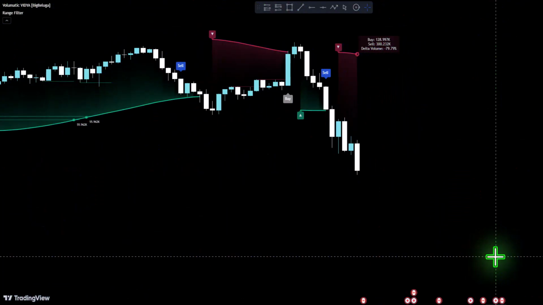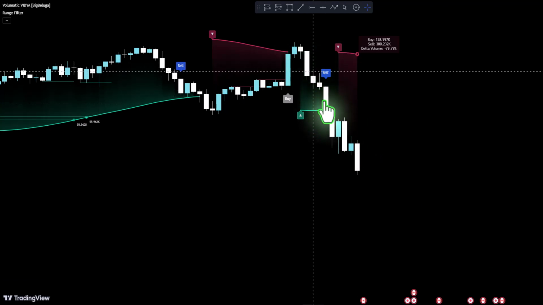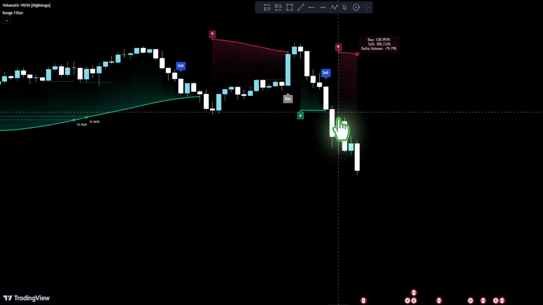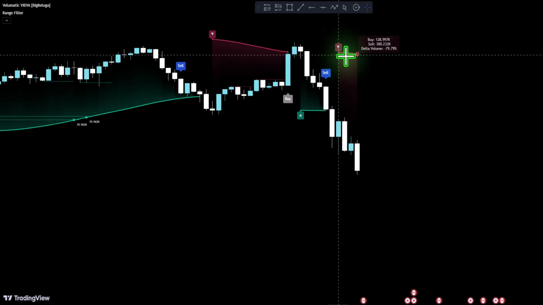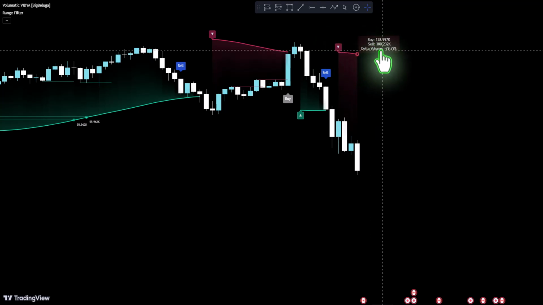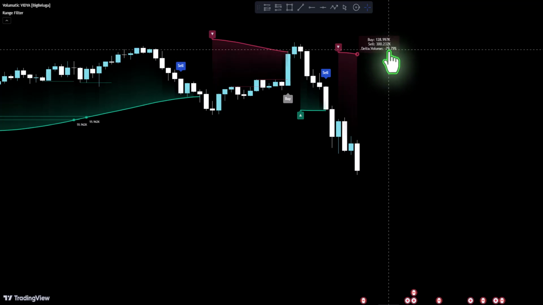Now, to take a short position, it is basically going to be the opposite, so you want to have a sell signal printed. Within a bearish trend, the trend is going to be identified as bearish whenever the trend ribbon of the VIDIA indicator is red, and then to confirm the trend is strong enough to push the price down, we need the delta volume to be at least minus 20%, and this number should be increasing towards the negative side.